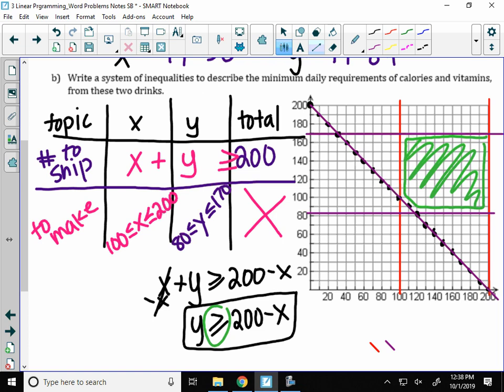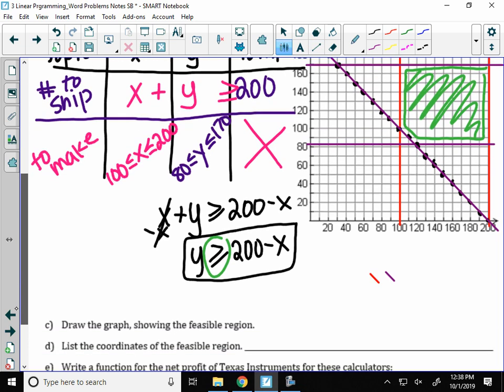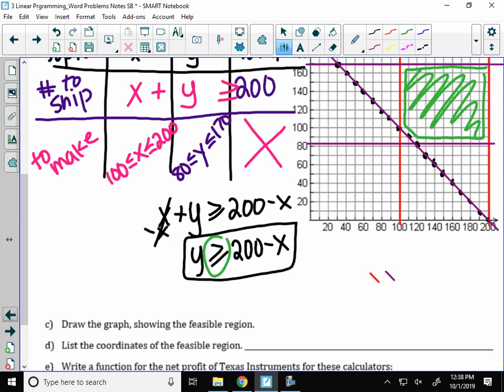All right. Now, can we list our ordered pairs for our feasible region? What's one of them? 120, 80. Yes. Okay. So we have 120, comma 80.